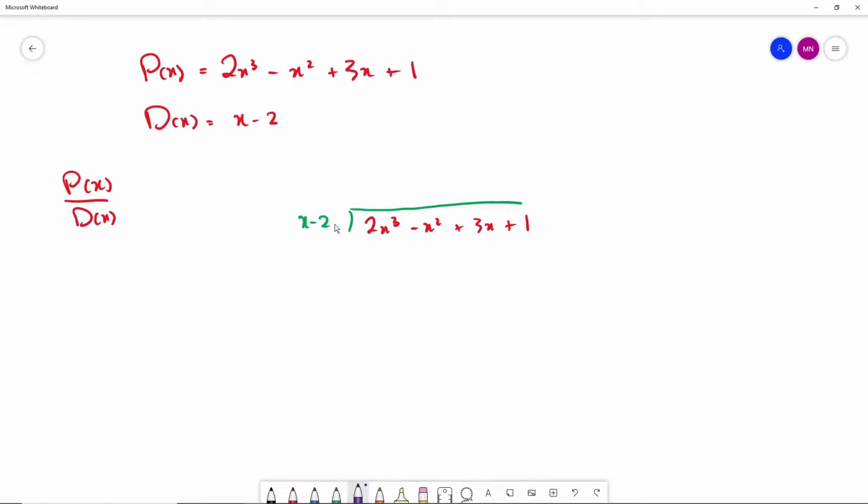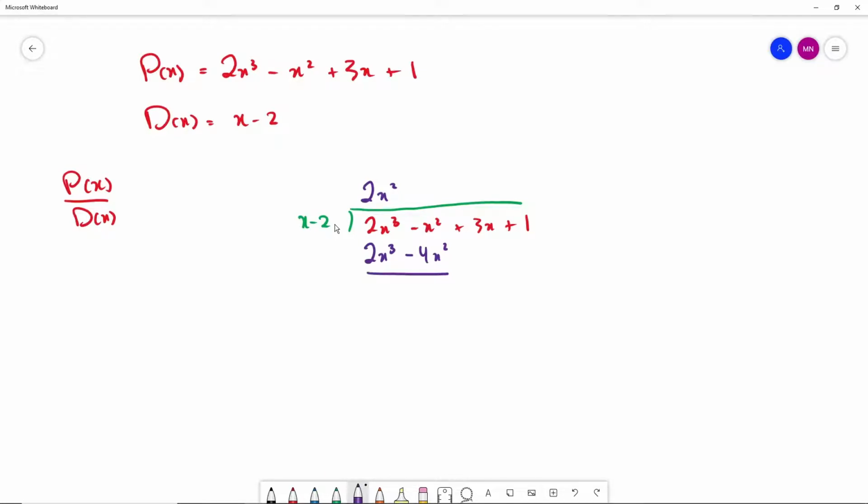Okay, so now let's do it. We have 2x cubed. In order to get 2x cubed, we multiply with x, so up here we should write 2x squared. It multiplies with x to become 2x to the power of 3, and we also multiply with negative 2, so we have negative 4x squared.